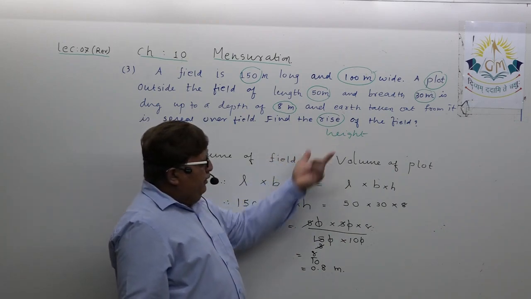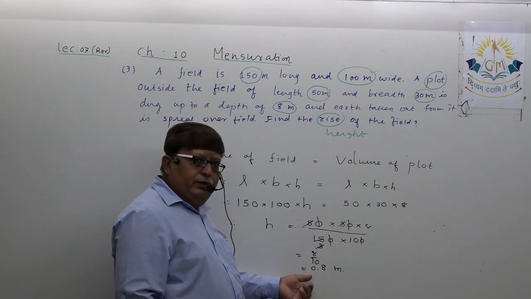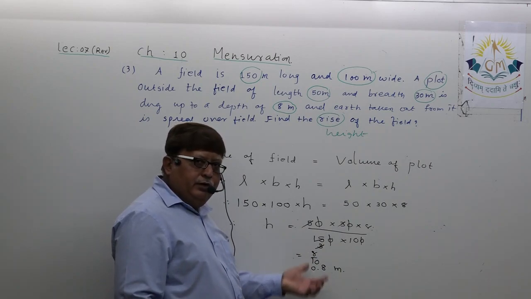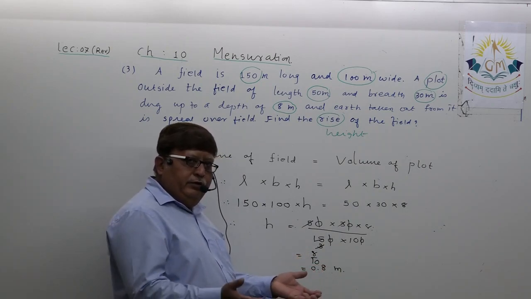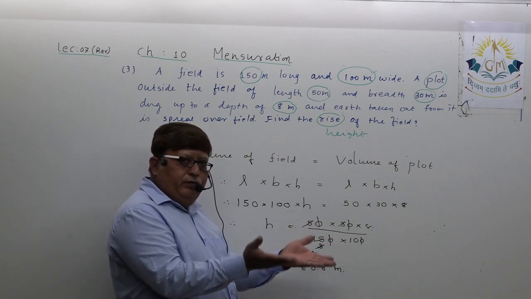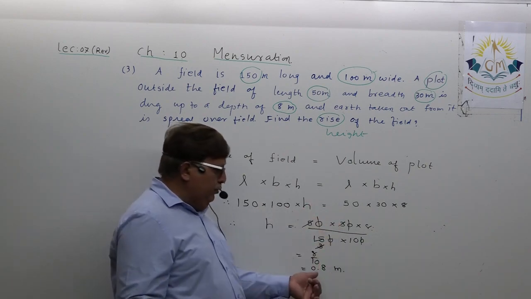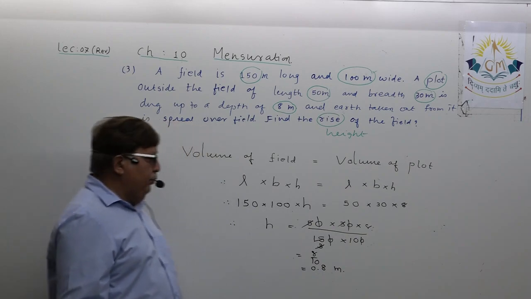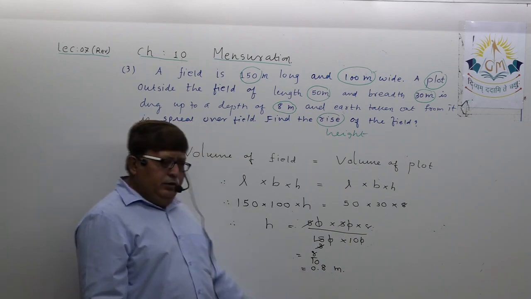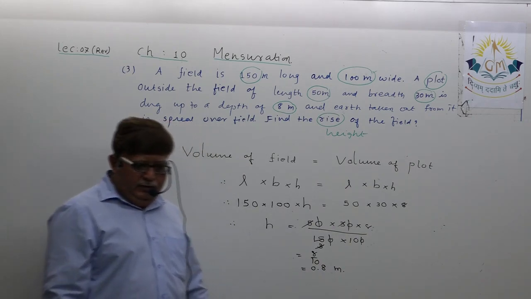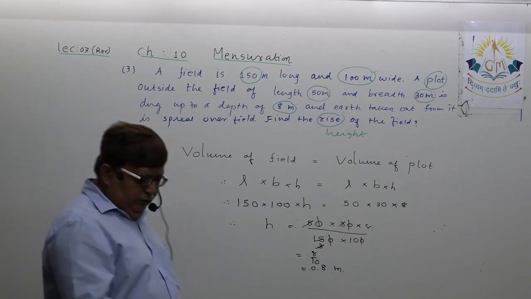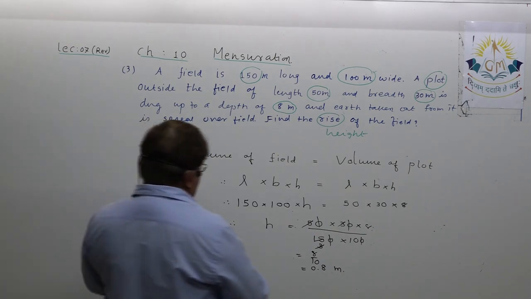Find the rise of the field. So the field is going to rise, means the height of the field rises to 0.8 meter. You can write that final answer by yourself, or let me also write it for you.